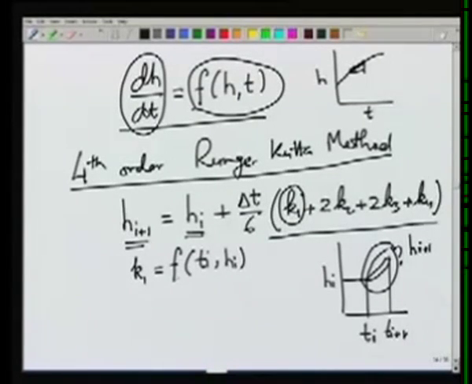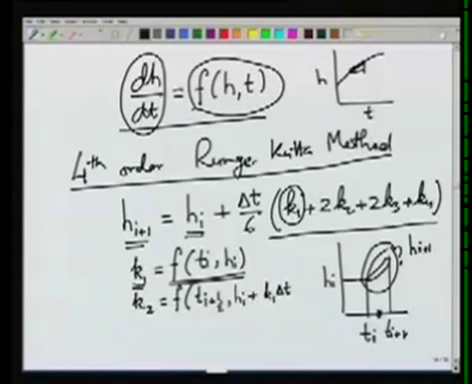So what we do here, since ti and hi are known, we can find a slope dH by dt at the point ti hi. Using this slope, we can go to a point which is midway between ti and ti plus 1. Let's call this point ti plus half. And the value of h, we assume at this point, will be based on hi, and then the slope which we have obtained, this is based on the known value.